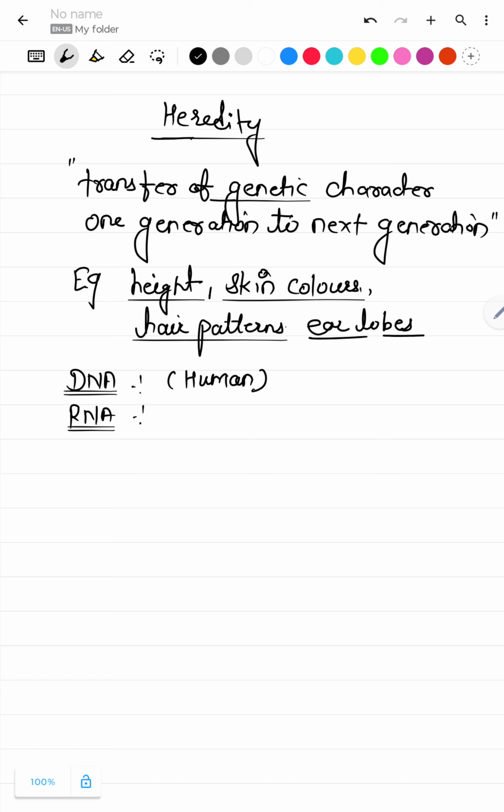Now, all these characters together are called as what? Traits. What is the meaning of trait? That is the feature or the character. So these features are transferred by the parent to the offspring.